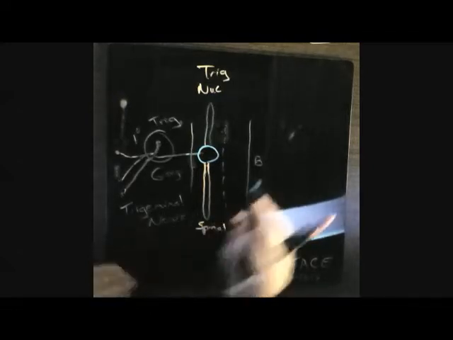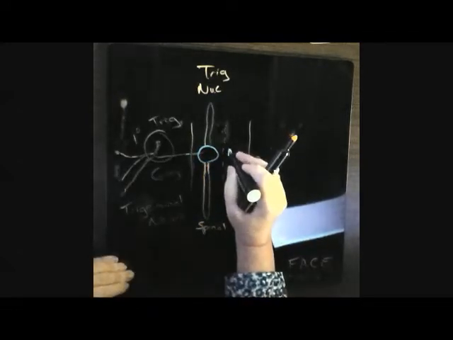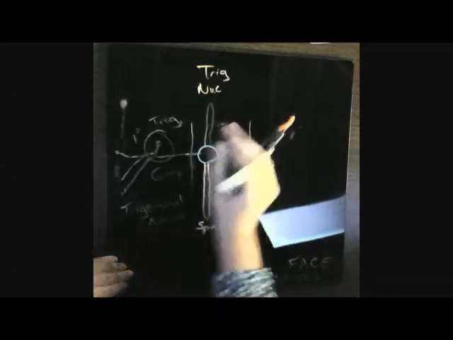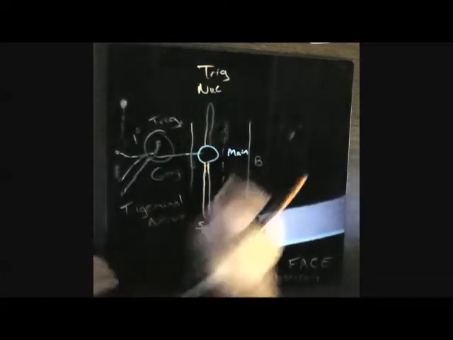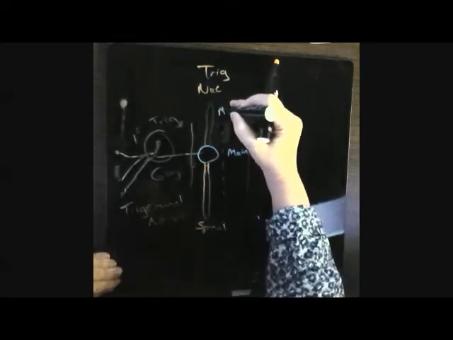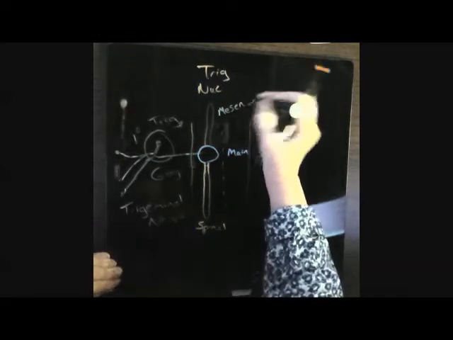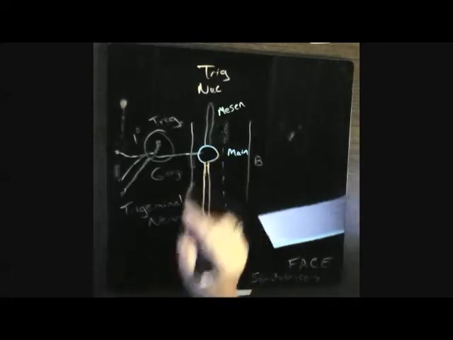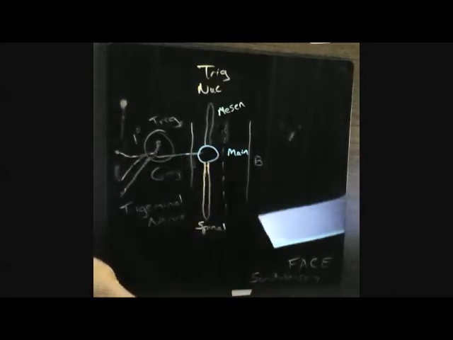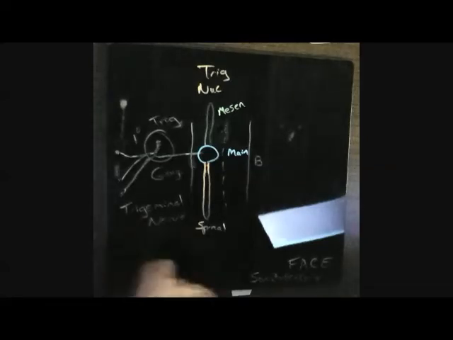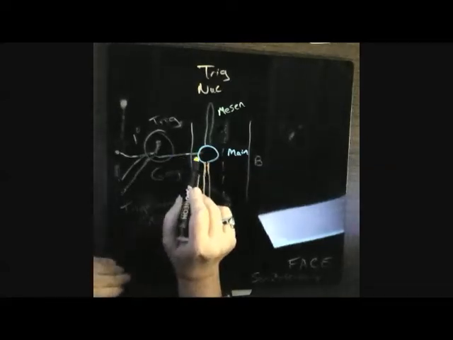There's the main or chief. This is the main. And then there's the mesencephalic or midbrain component. Okay, so mesencephalic trigeminal nucleus. 3 parts.